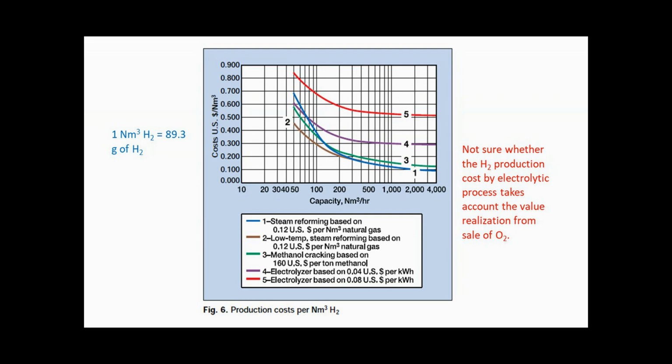In fact, at very large scale production of hydrogen, the differential is almost a factor of 5, whereas if the scale of production goes down, the differential is less, more like a factor of 2.